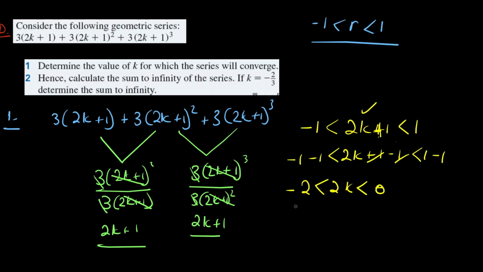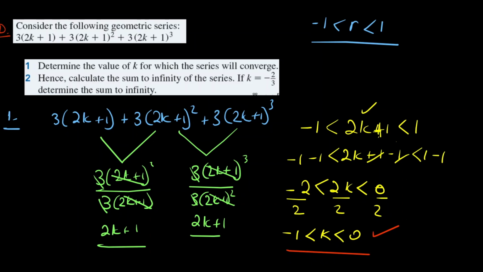We divide throughout by 2, and you see that we get k is greater than -1, k is less than 0. So the value of k needs to be between 0 and -1, and we would have answered the first part of the question.